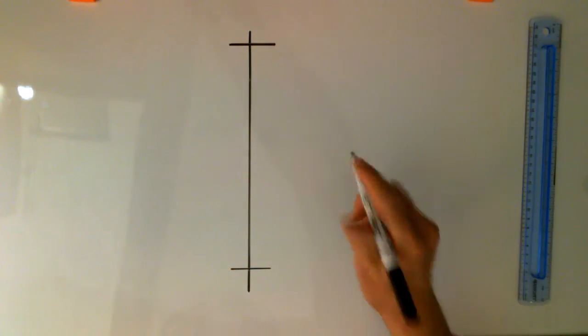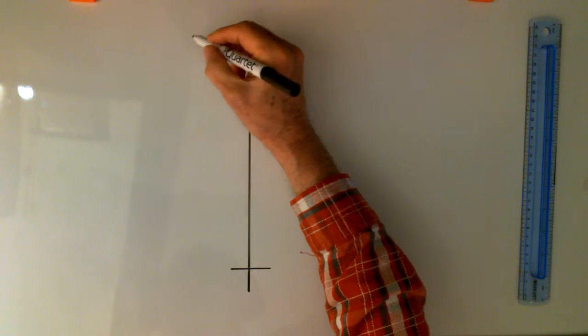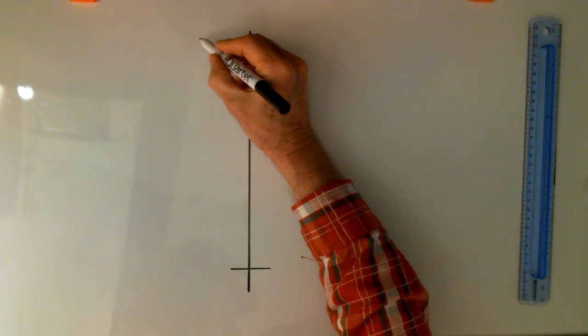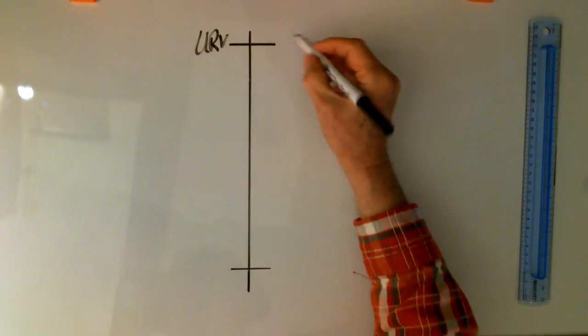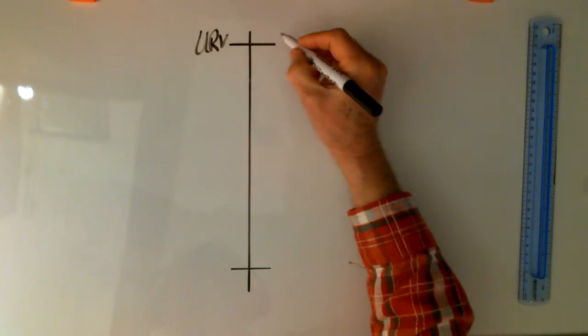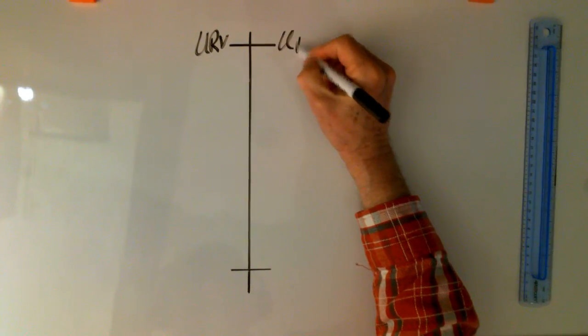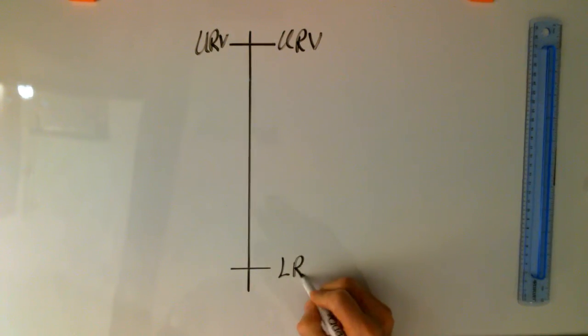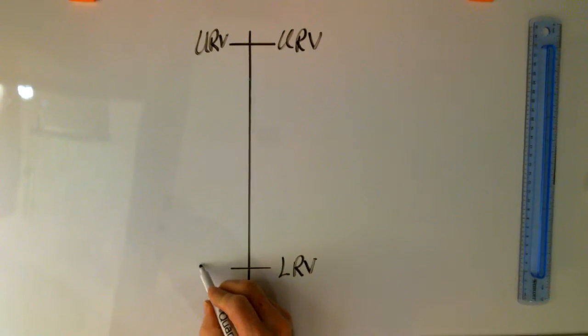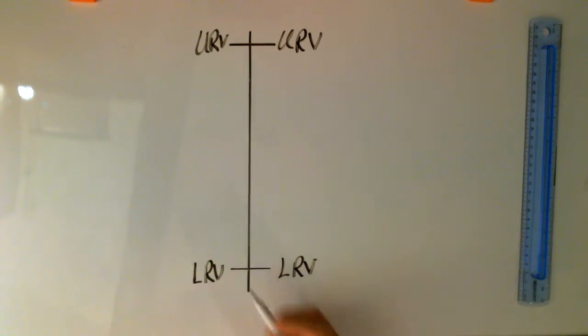Upper range value, that's for the input, upper range value for the output, lower range value, again for input and output.